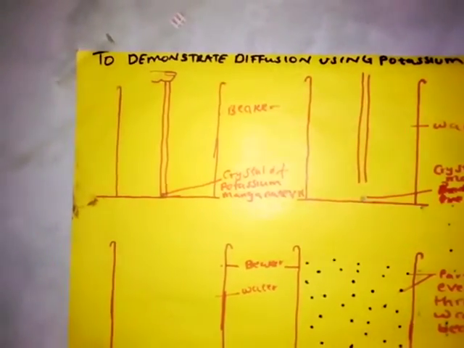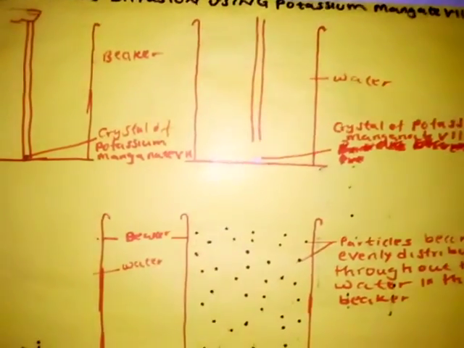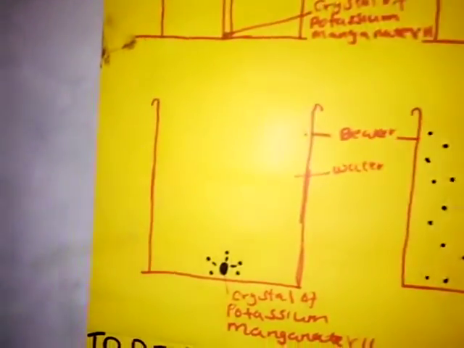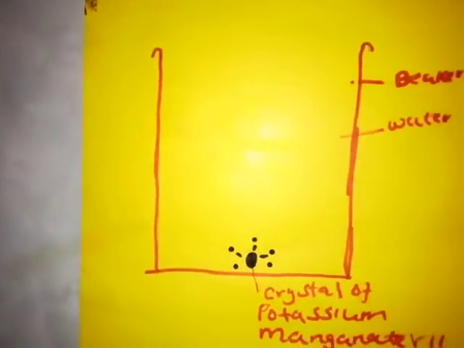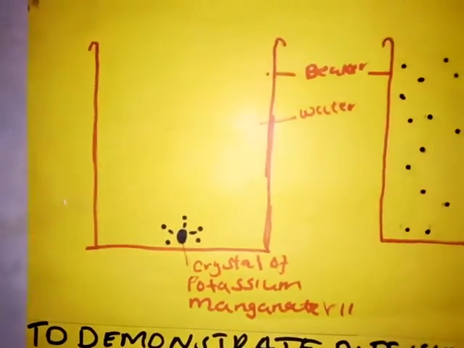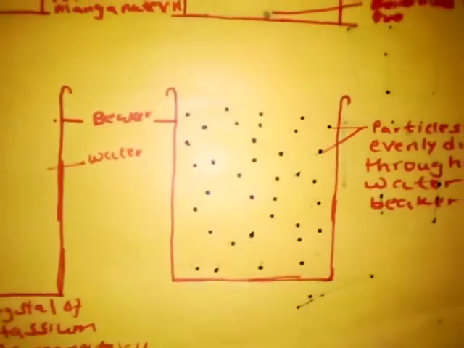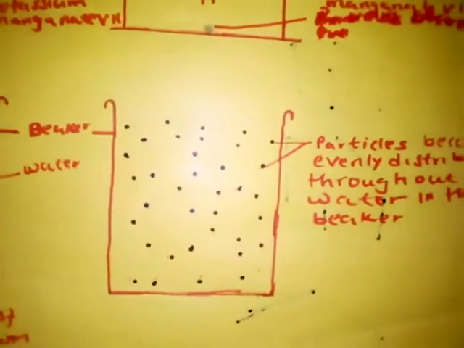Then you will leave it for a period of around 15 minutes. Then you will observe the changes. After that, you record them. Then lastly, you'll be required to make an explanation of what you have observed.